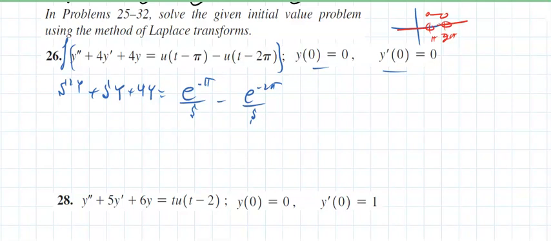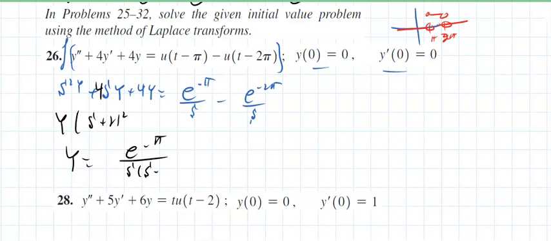So, if I really think about this, I could take a Y out, s squared plus 4s plus 4, that is s plus 2 squared. So if I divide, I'll get Y equals e to the negative pi s over s times s plus 2 squared, minus e to the negative 2 pi s over s times s plus 2 squared.